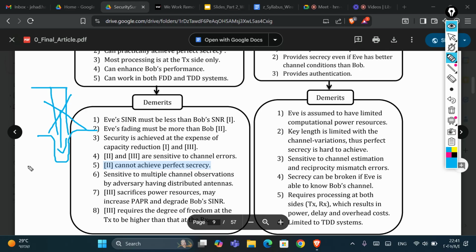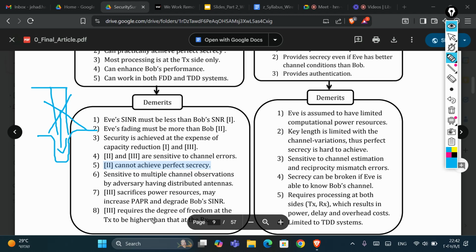If our signal exceeds the maximum peak allowed to excite a certain power amplifier, there will be a signal cut. And if you have a signal cut, it means you have distortion, intermodulation products, and interference, and this causes interference at the receiver, and the receiver will not be able to decode its data successfully. The same approach can also degrade Bob's SINR sometimes, which is very disadvantageous.